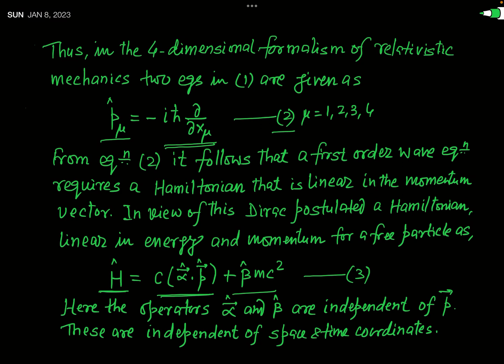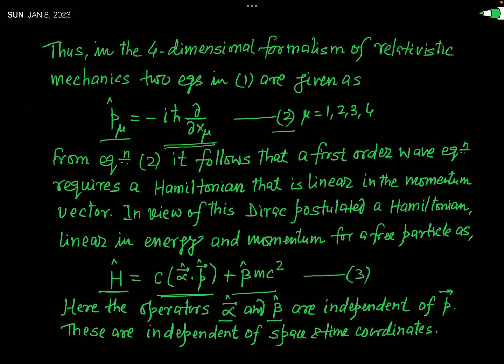In fact, here these operators alpha hat and beta hat are actually not known at present. These are unknown, but you should postulate that these operators alpha hat and beta hat are independent of the momentum vector p, and these are also independent of space and time coordinates. For the time being, you should assume it.